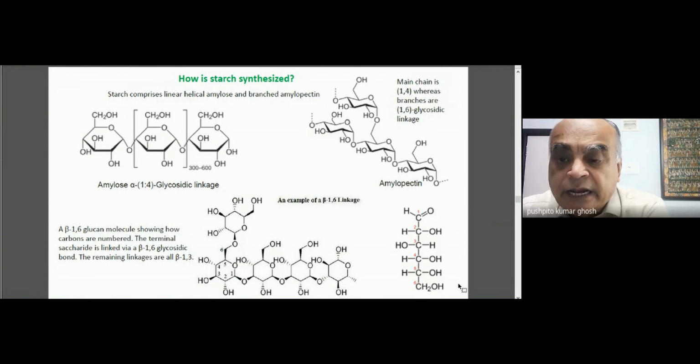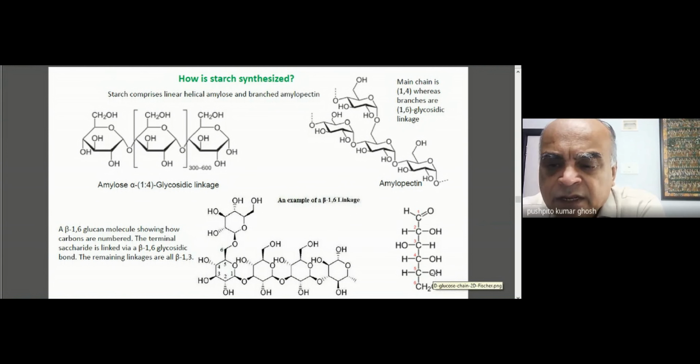Now, when these things actually exist in nature, they don't exist in this straight chain form. They exist in a cyclic form. What is that cyclic form? I enolize this, or I make a hemiacetal.